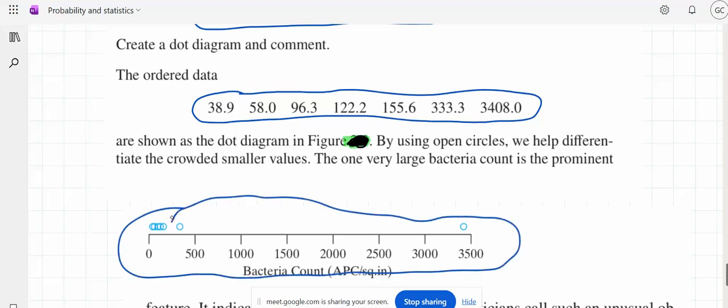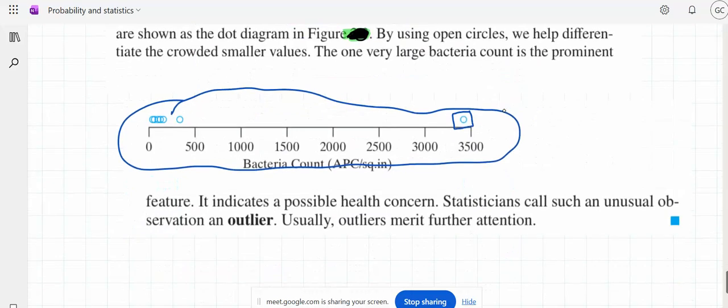So can you tell me which one is the outlier? This one, right? Yeah. Okay. So here you can easily see it, but when you have a huge number of data, then you cannot see it. The moment you make a dot diagram, you'll get it, right? There are other ways also, but this is one of them.